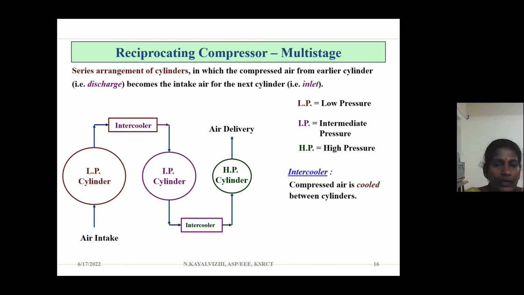Another intercooler connects the intermediate pressure cylinder to the high pressure cylinder. So air is taken into the low pressure cylinder and delivered from the high pressure cylinder. The intercooler is used so that the compressed air is cooled between the cylinders.